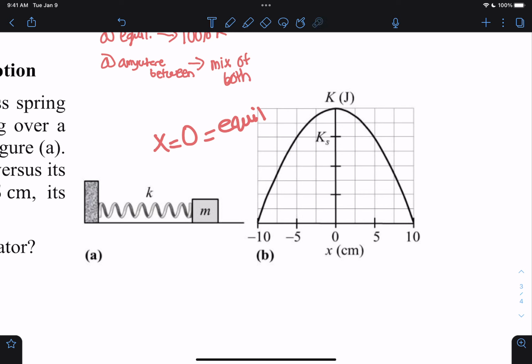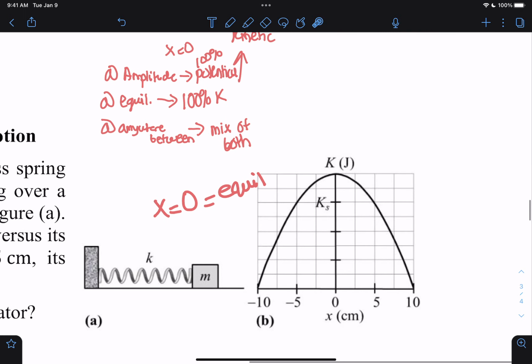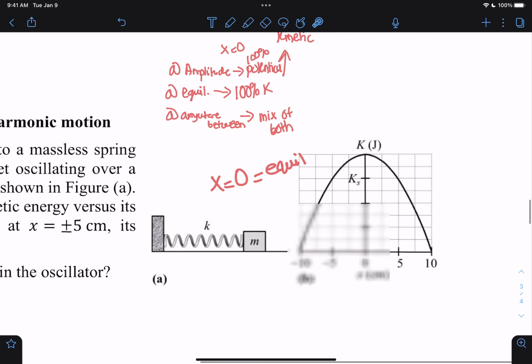So remember what we said about equilibrium position. It's all going to be kinetic. Whatever energy you have, it's all kinetic, and that's going to be the total energy. So if this is a graph of kinetic energy, at x equals 0, what is the kinetic energy here? Well, we can look at it.